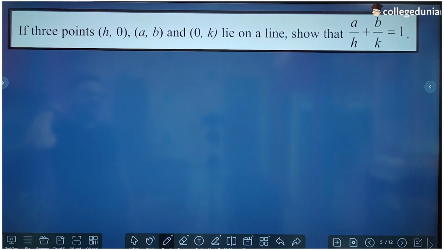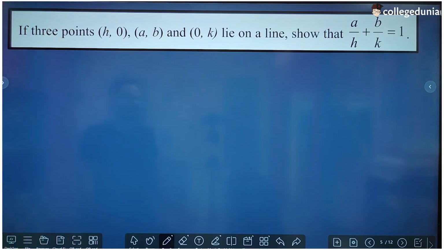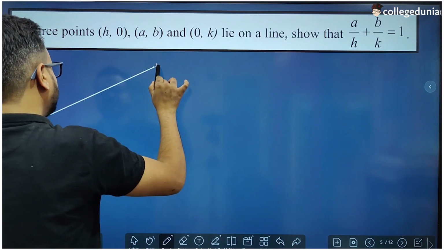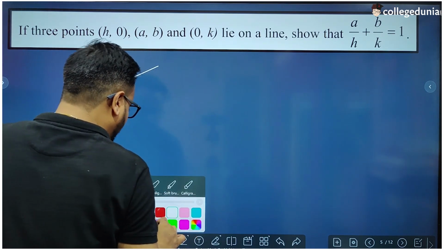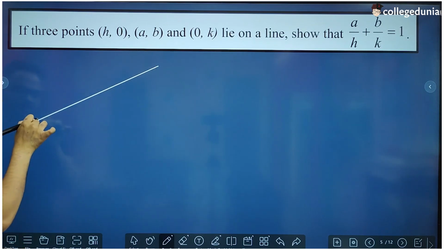If 3 points h, 0, a, b and 0, k lie on a line, show that a by h plus b by k equal to 1. It is saying that these are the 3 points, and these 3 points lie on a straight line.